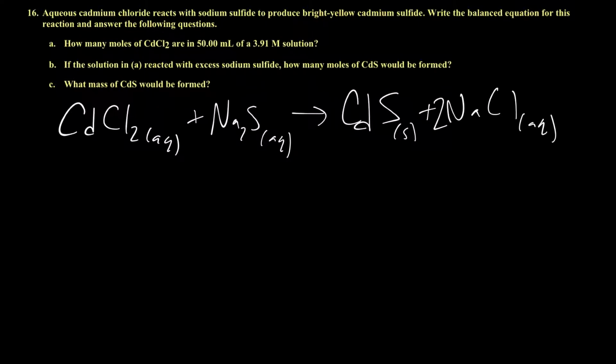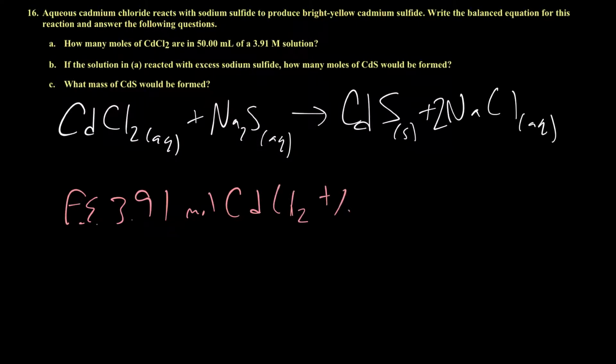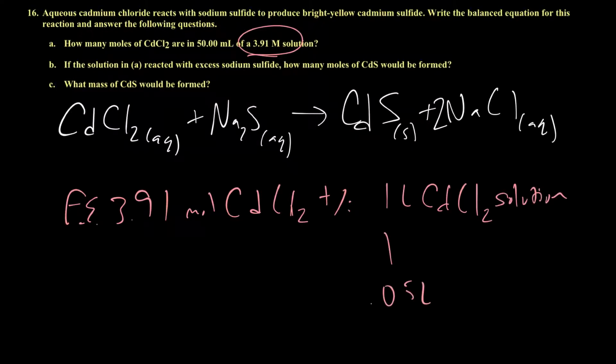So it says how many moles of CdCl2 are in 50 milliliters of 3.91 molar. So for every 3.91 moles of CdCl2, there is 1 liter, because remember that big M means moles per 1 liter of CdCl2 solution. And then we've got 0.05 liters.